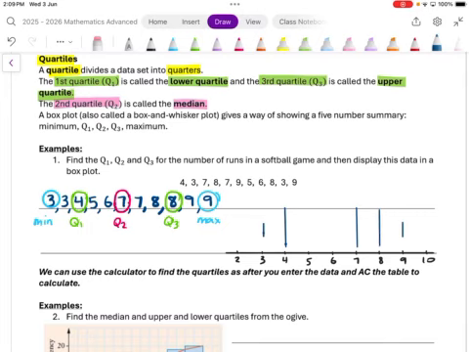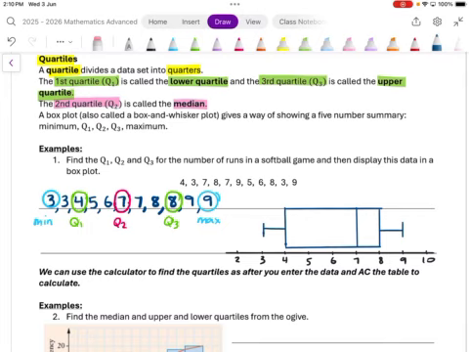Then with our Q1, Q2, and Q3, we make that into a box. And then we connect the minimum and the maximum to the ends of the box.